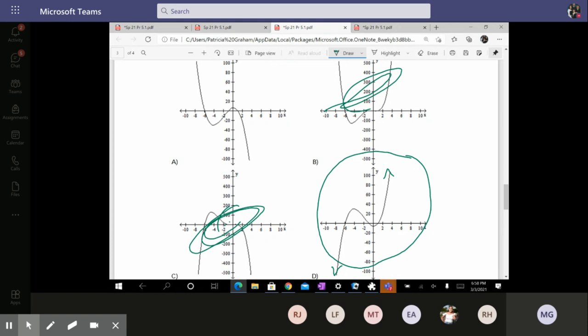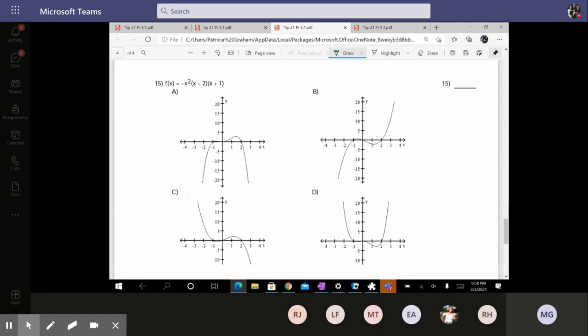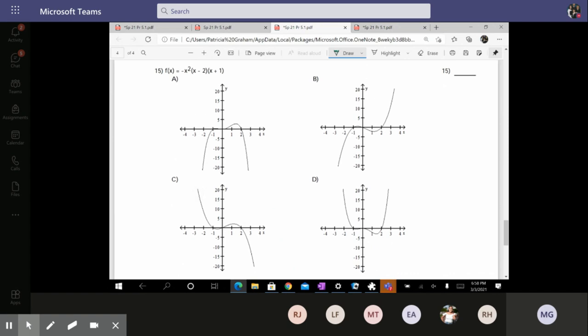Okay. One more. How many x's am I going to multiply here? 4. So I have an even function, right?